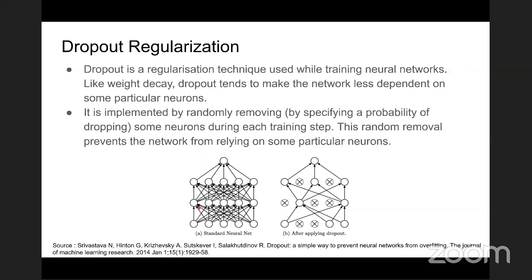Now, what we will do at training time is train in such a way that we randomly decide that a certain percent of neurons in the first layer don't exist. That means the weights coming out of it, the connections coming out of it, don't exist.